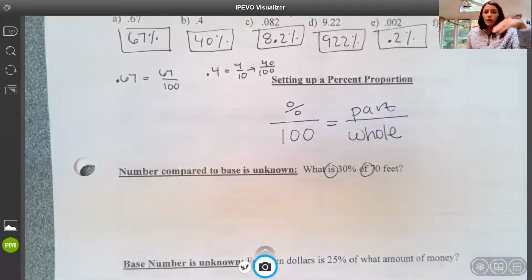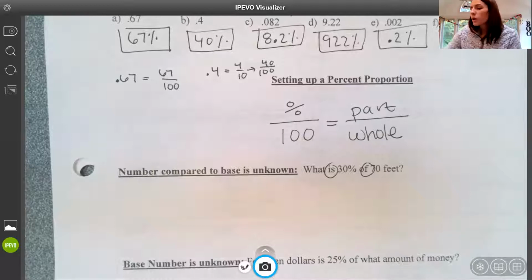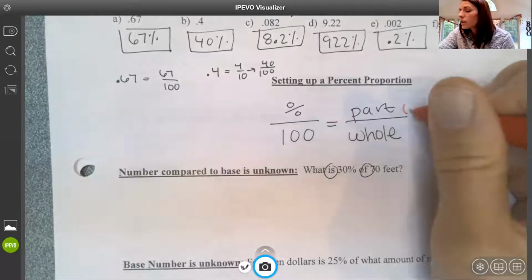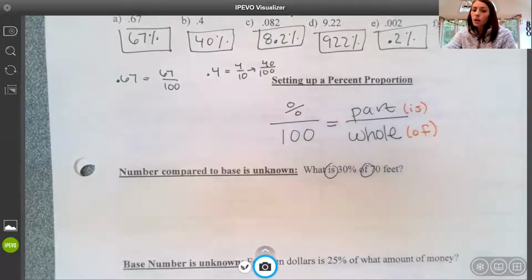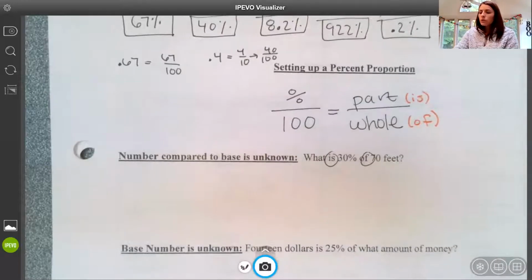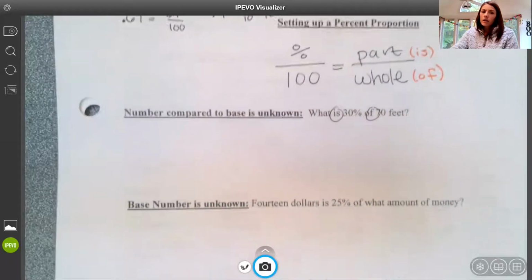So percent out of 100 equals the part that I'm talking about out of the total amount. And the total amount's not always going to be 100 in these sentences, right? So part out of whole is going to be equivalent to a number out of 100. Looking at the word problems, many times the part is connected to the word is, and the whole is connected to the word of. So we're going to look at a few examples together, okay?